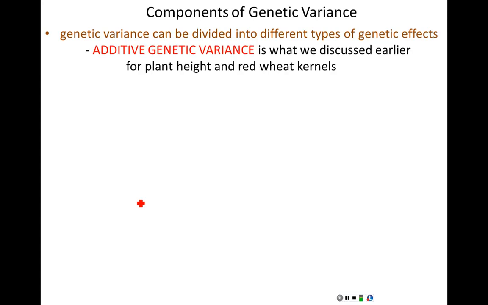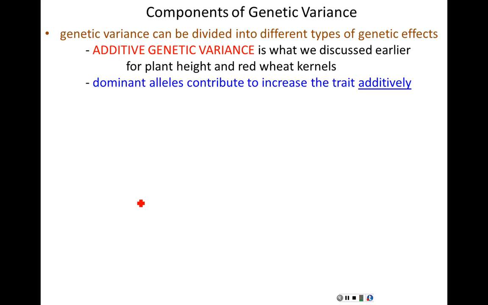Additive genetic variance is what we've been talking about all this lecture. It's when alleles contribute independently and additively to a trait, such as the height example we started with, 1 centimeter for each positive allele, or wheat red kernel color, where each positive allele makes the kernel a little bit redder. These are additive genetic effects. They contribute to additive genetic variance.